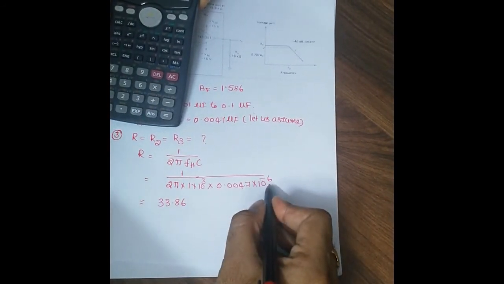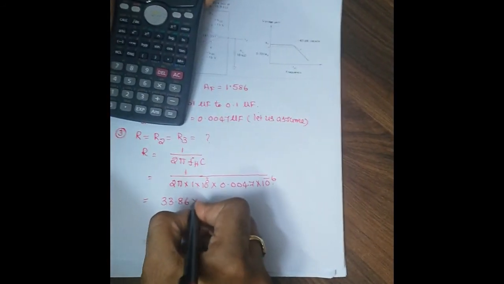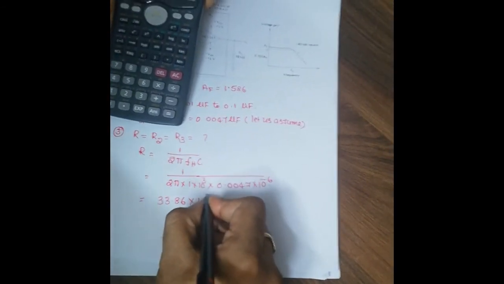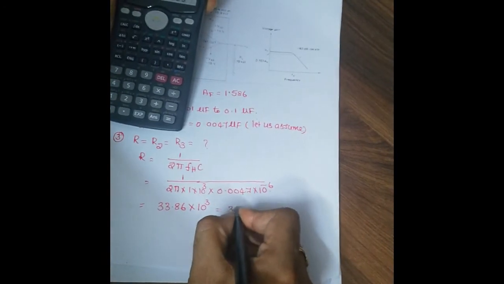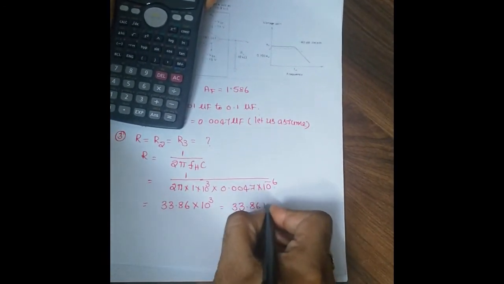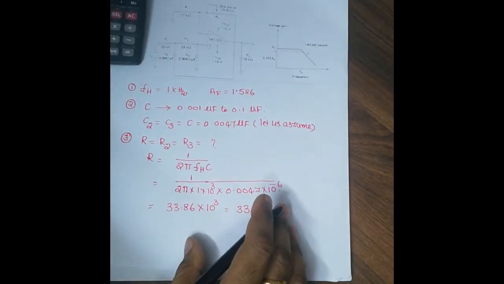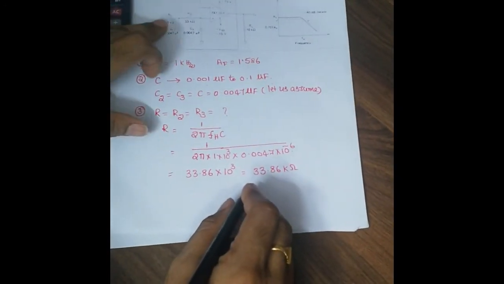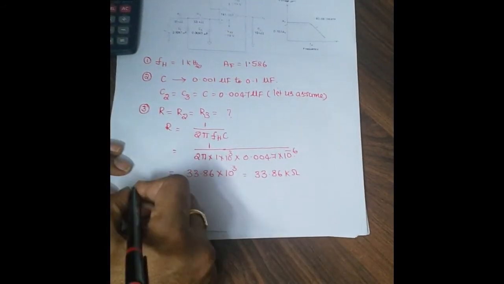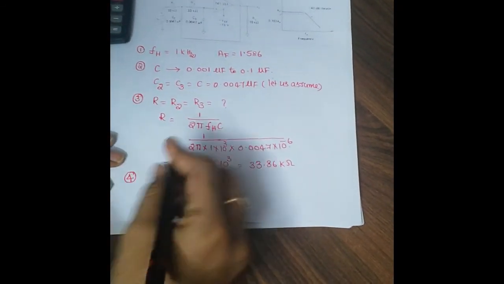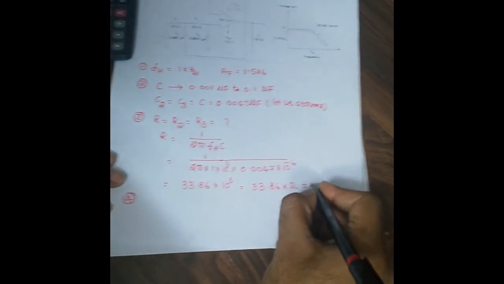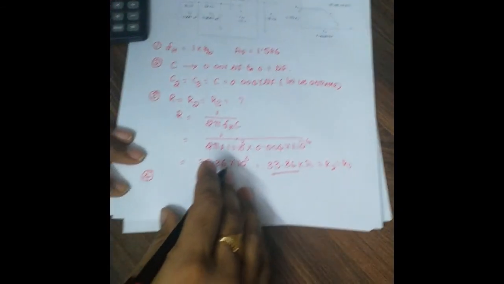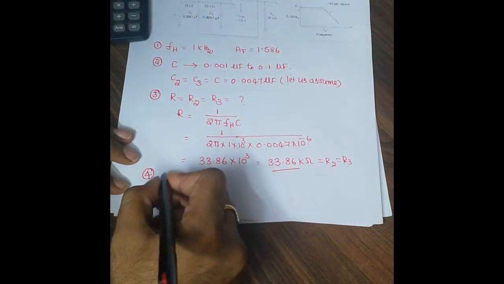Here 10 power minus 6 into 10 cube is there, so it will become 10 power minus 3, which goes to the denominator and becomes 10 cube. Now it will become 33.86 kilo ohm. This will be the R value, 33.86, and that means R2 equal to R3 equal to 33.86 kilo ohm.